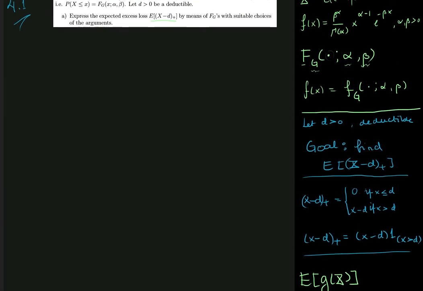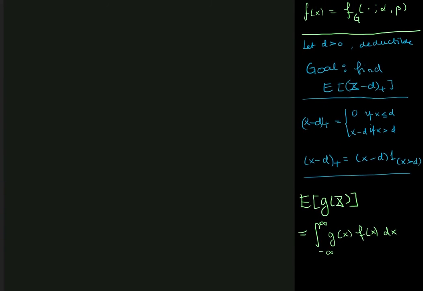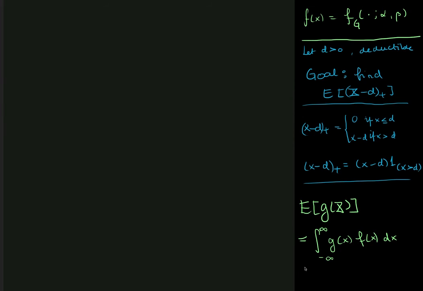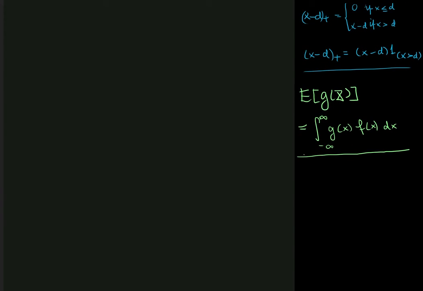One last thing we should bring up: anytime we're working with these gamma functions, it's a good idea to remember this formula, which is that the gamma function evaluated in alpha plus 1 is equal to alpha multiplied by the gamma function evaluated in alpha.